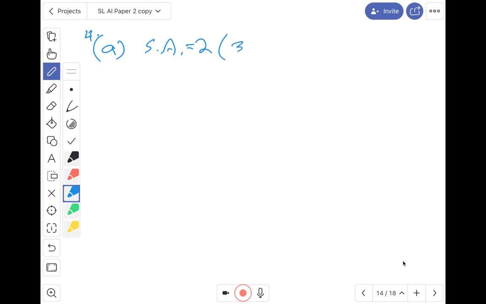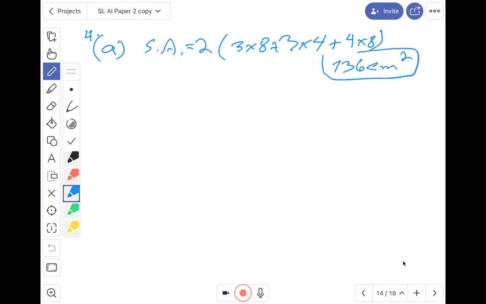So it's 3 by 8 plus 3 by 4 plus 4 by 8. Those are the dimensions. They're in centimeters. When I multiply, add, and multiply by 2, I get 136 centimeters squared for the surface area.